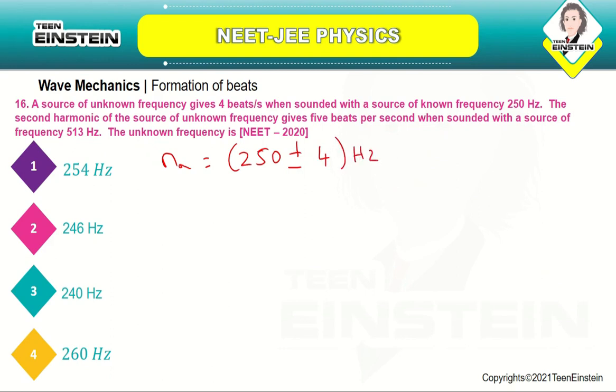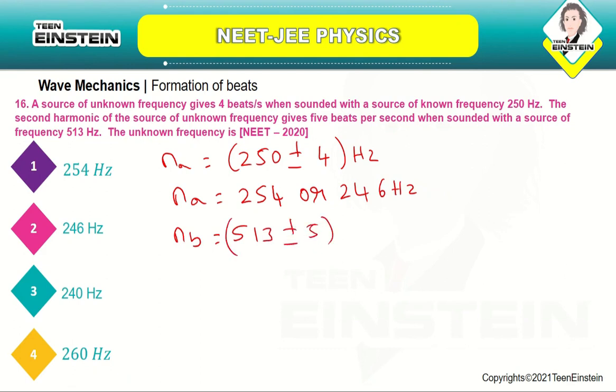This is the first one. So NA is equal to 254 or 246 Hz. Next, NB is equal to 513 plus or minus 5 Hz. So NB is equal to 518 or 508 Hz.